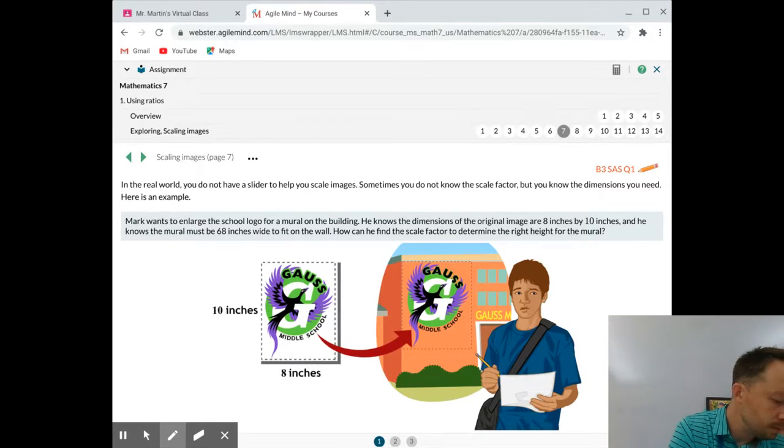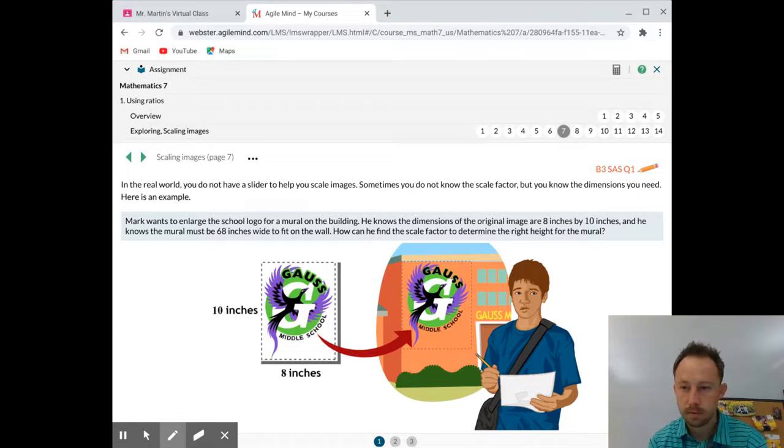He knows the dimensions of the original image are 8 inches by 10 inches, and he knows the mural must be 68 inches wide to be on the wall. How can you find the scale factor to determine the right height of the mural?